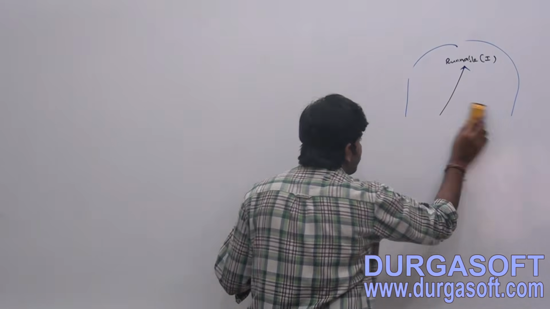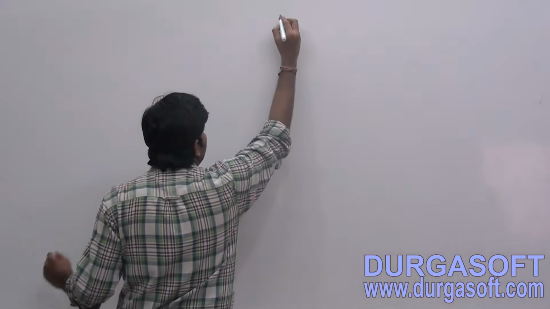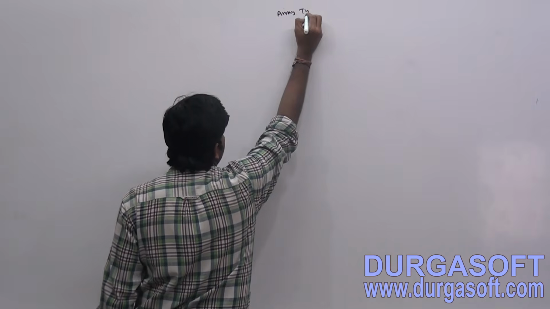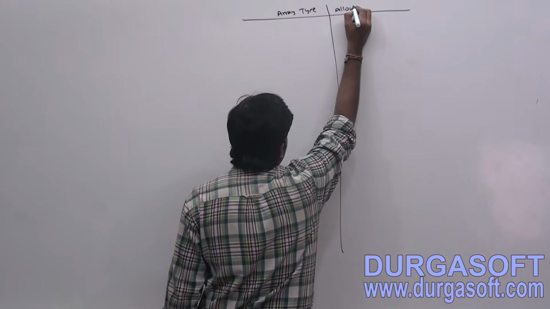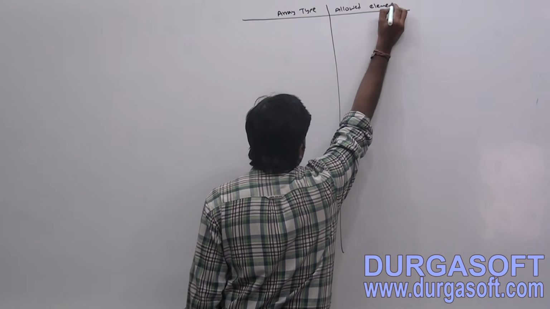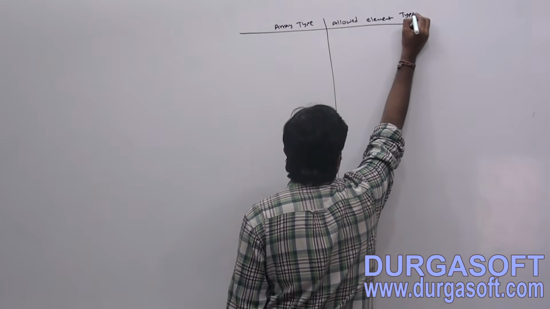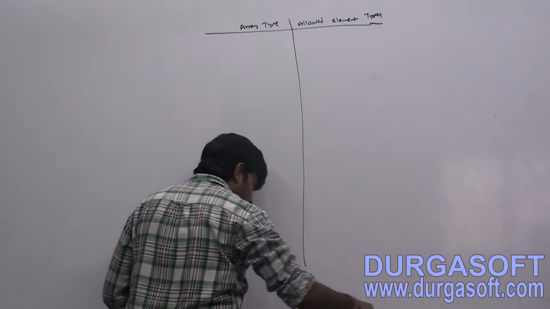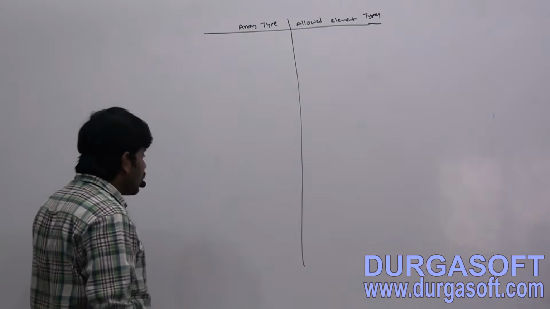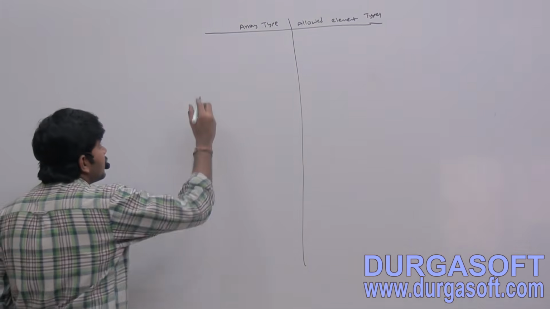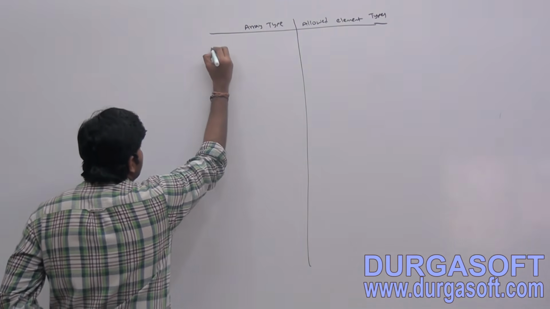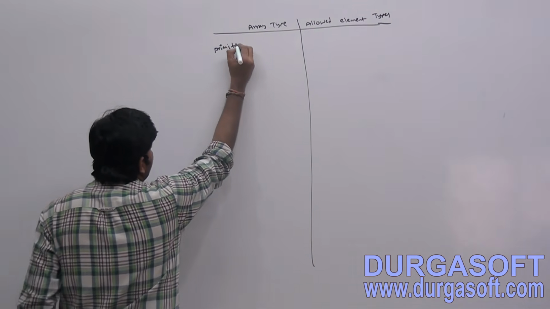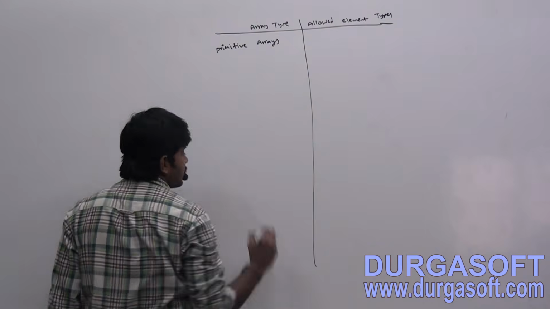Next, let me summarize whatever cases we covered. Now listen well. Here I am taking array type and the allowed element types. First one, primitive arrays.